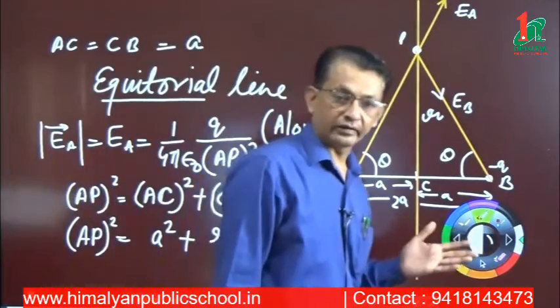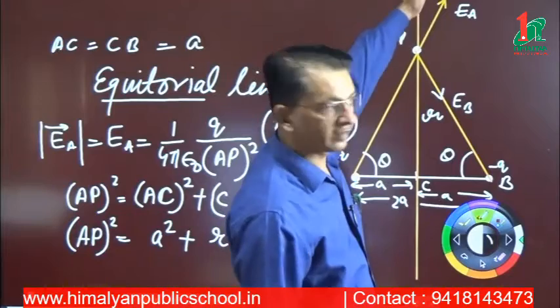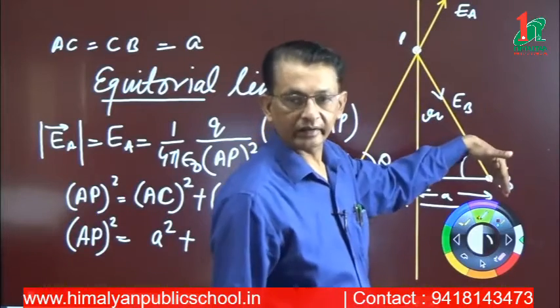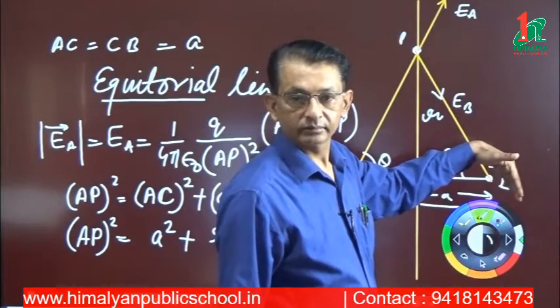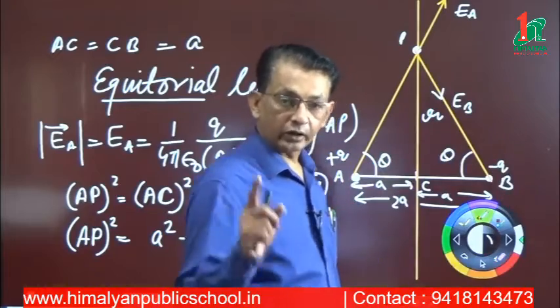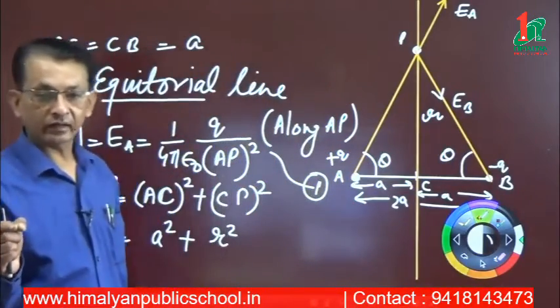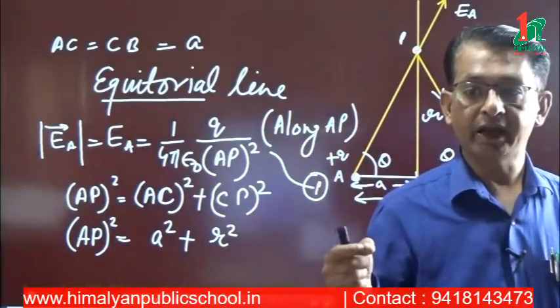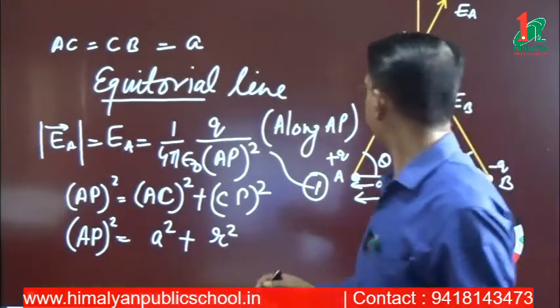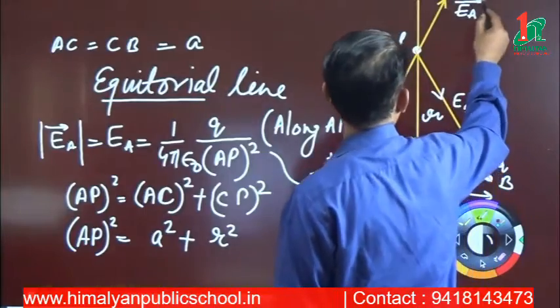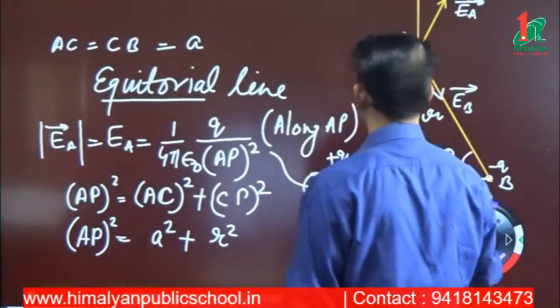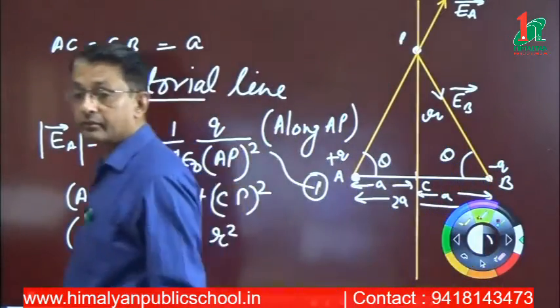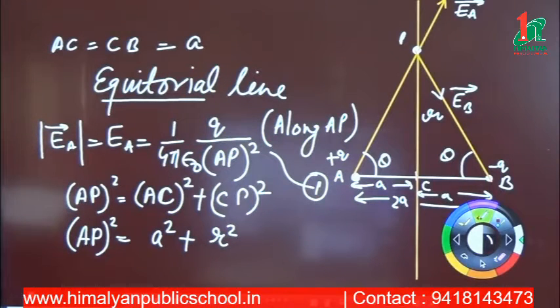Now again we will come to the diagram. Electric fields are vectors. This vector is towards this side. This vector is towards this side. Therefore, you can use vectors here.